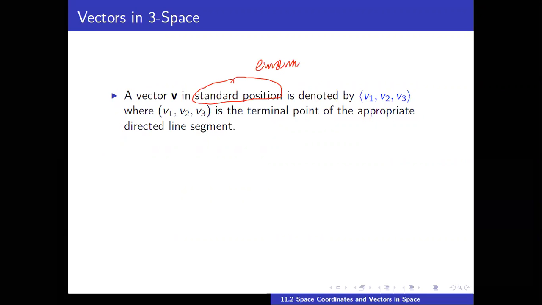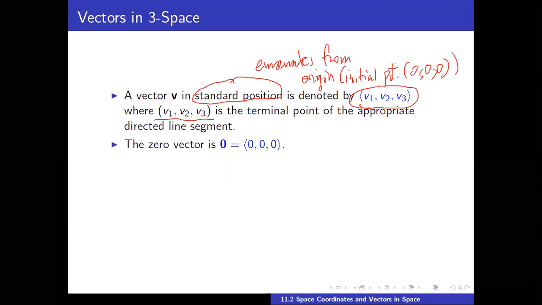So it emanates from the origin. Here's the component form of that thing. This guy would be the terminal point of the directed line segment. And of course, the initial point of the vector would be 0, 0, 0, okay?